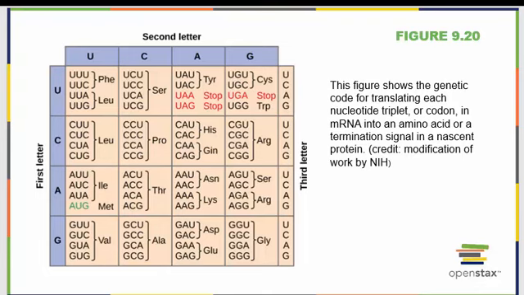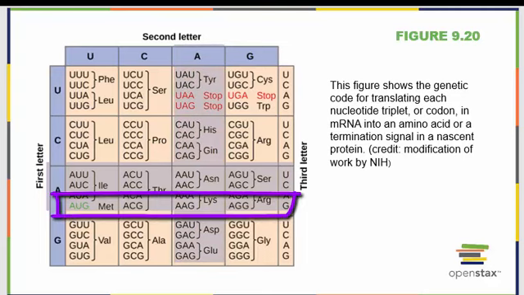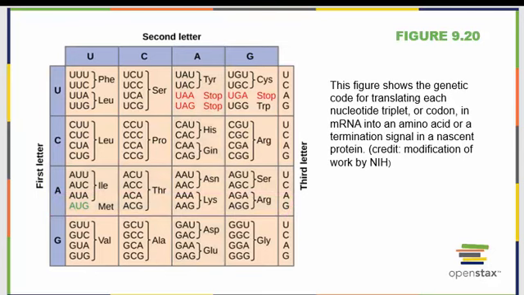Let's figure out what row we're working with first by considering just the A row. And then we go to the top and we consider just the A column. And then we go to the side and we consider just the skinny G row. And we see that AAG codes for the amino acid lysine. And you can actually go through a whole sequence of mRNA if you'd like and figure out what the resulting protein code is. It's kind of neat.